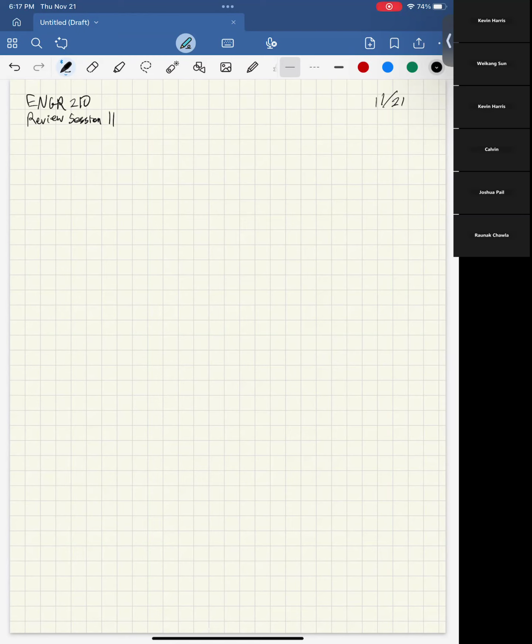So this week, or this past week, you have been learning about transfer functions. Transfer functions, on a very basic level, are functions that represent some output over some input.